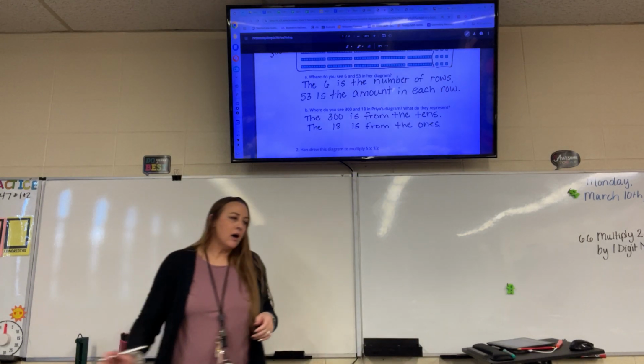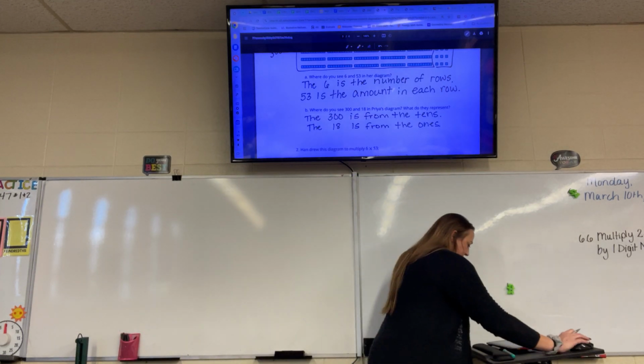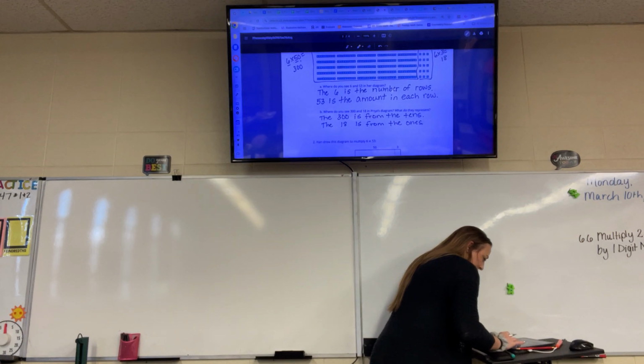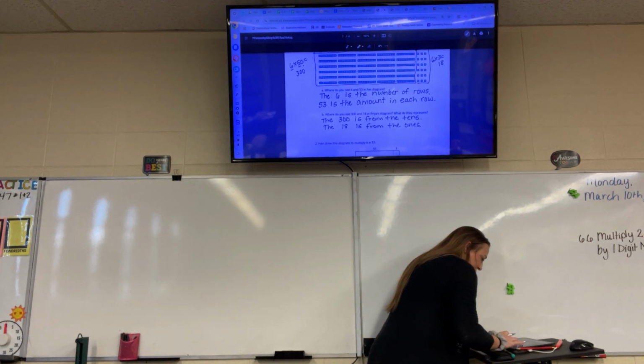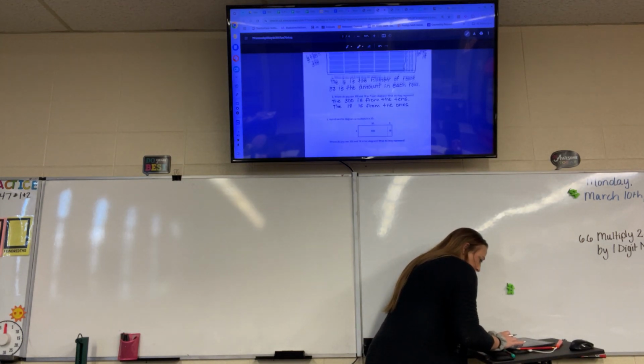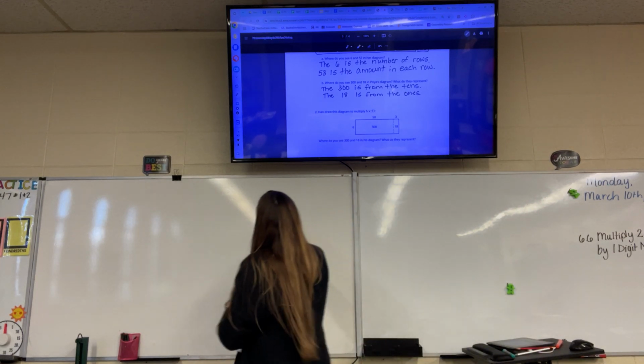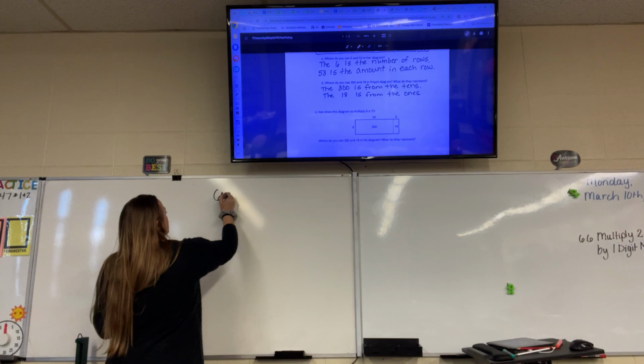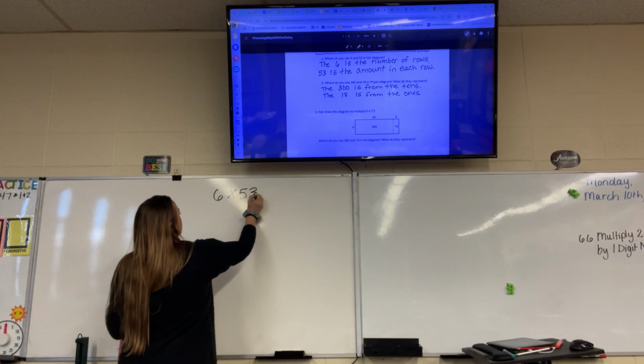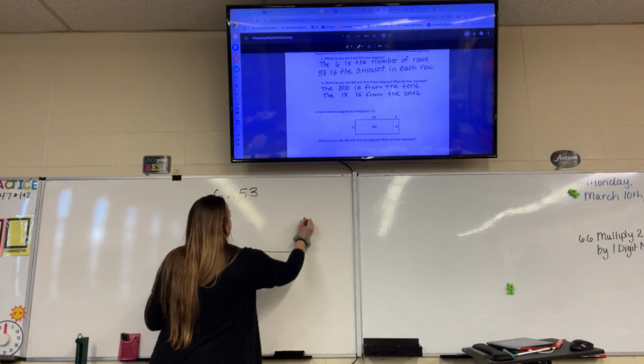Then we've got Han, and the way he did it, to multiply that same problem, 6 times 53. So he made a rectangle. Here's the problem he's doing, 6 times 53. He made a rectangle.